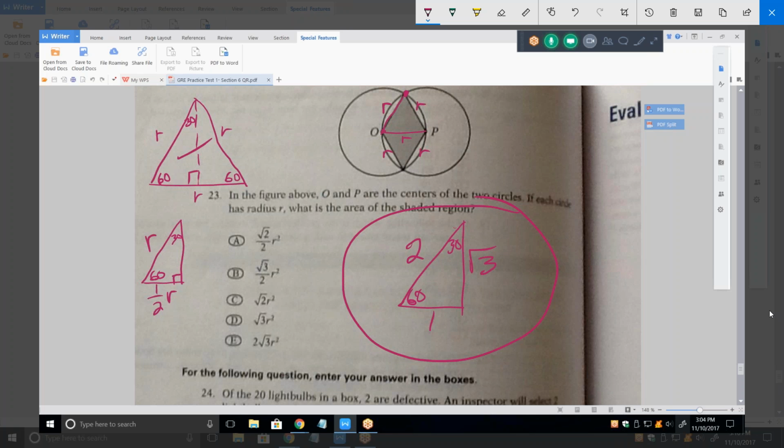But if I know that all 30, 60, 90 triangles have this relationship of their sides, and when I draw, I call this the unit triangle. The side opposite 30 is 1, but you have to realize that any multiples of this work also.